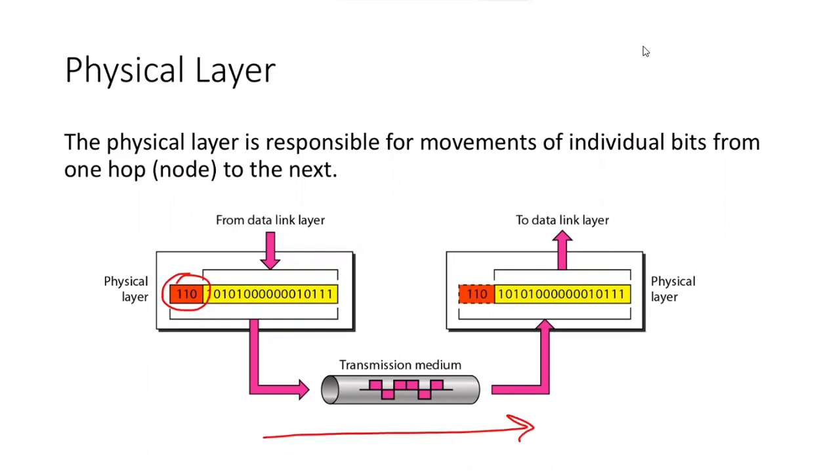Depending upon the transmission media, the conversions and the encoding will be different. And finally, at the receiver side, the encoded data, which is the signal, is converted back into the original format. Then the header information is removed, and this information is passed on to the data link layer of the receiver. That's the physical layer.